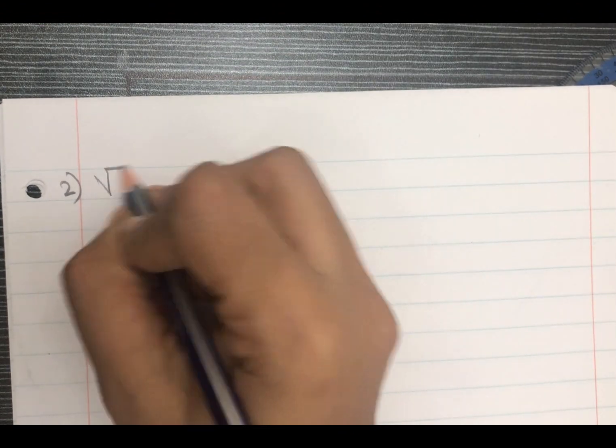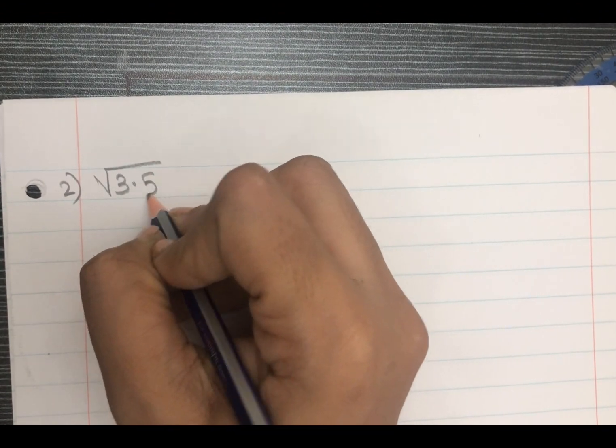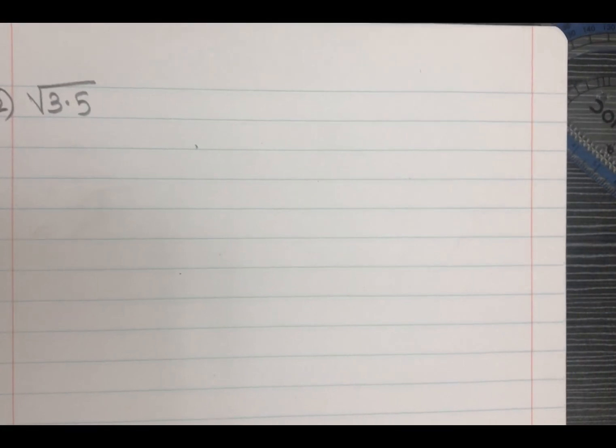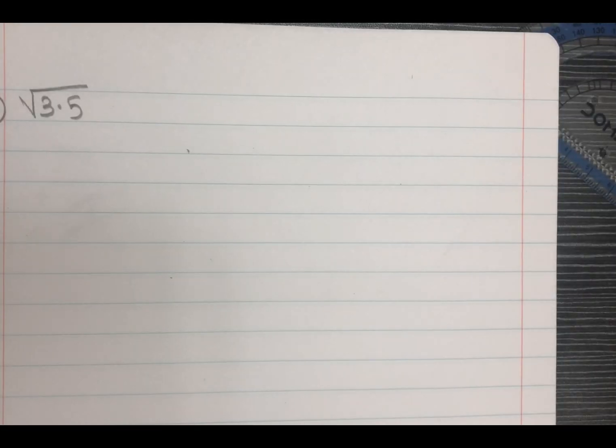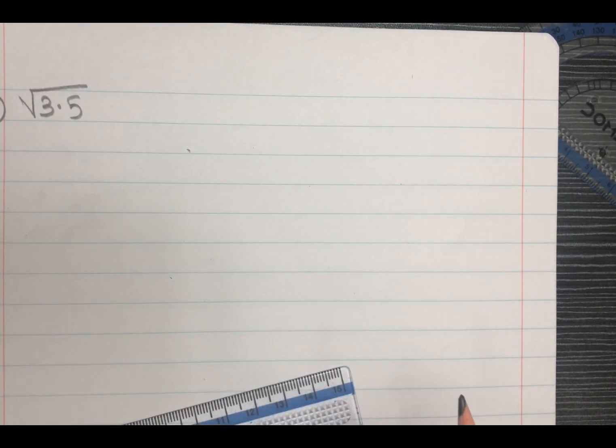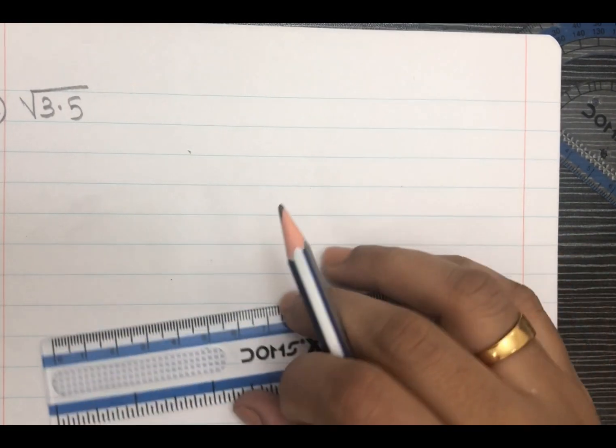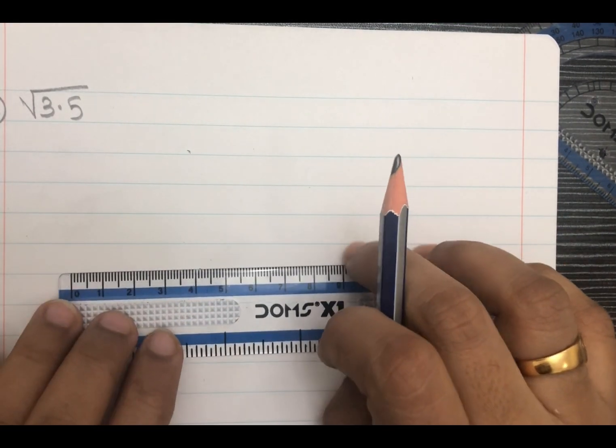We'll do one more example, that is root 3.5 on a number line. How will we plot root 3.5 on a number line? So what we have to do? We have to mark 3.5 units first.